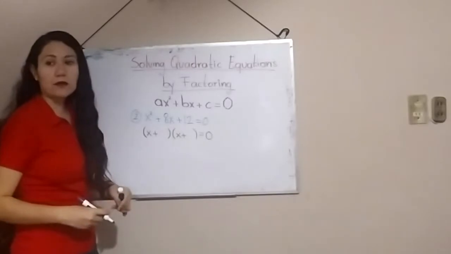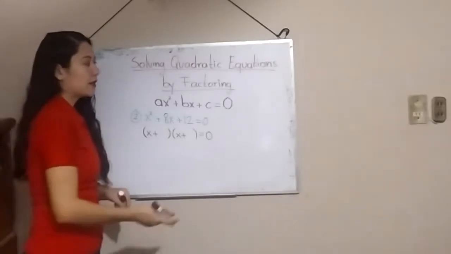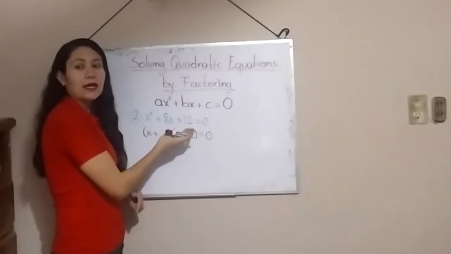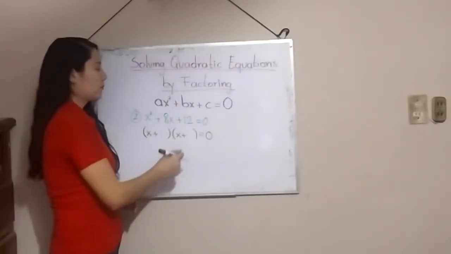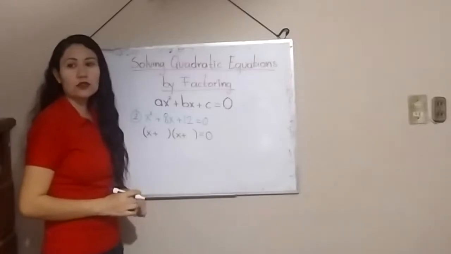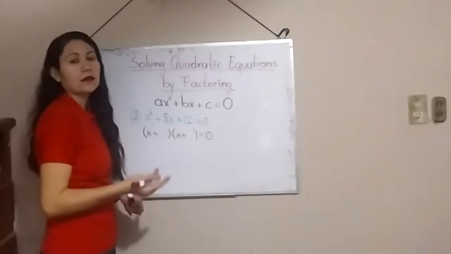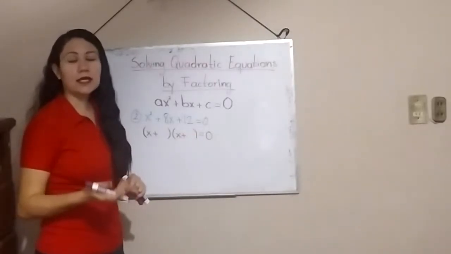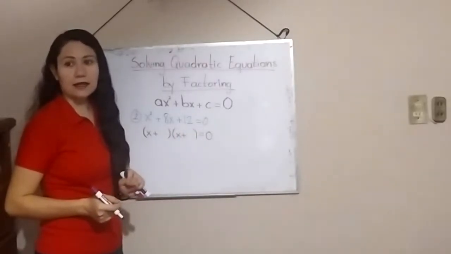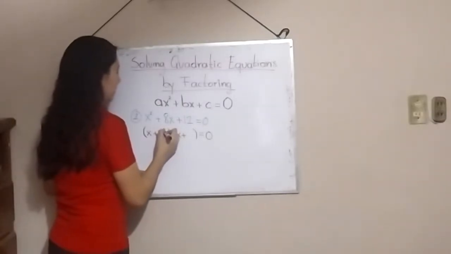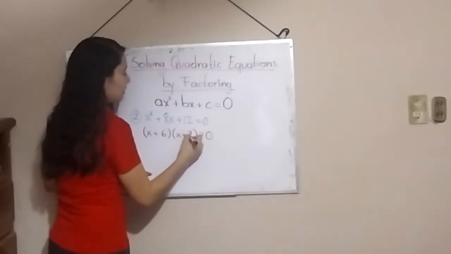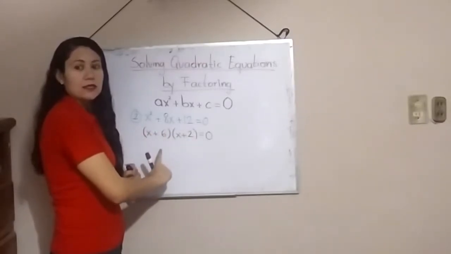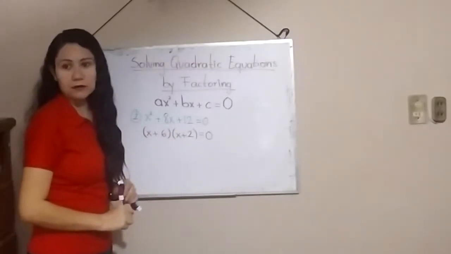And now we have to find two numbers that multiplied give us a result of 12 and added together give us a result of 8. We have 6 and 2. 6 plus 2 is 8. 6 times 2 is 12.